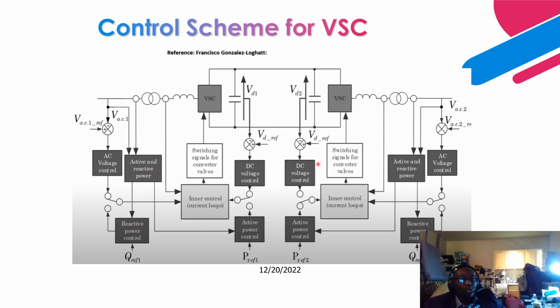We have a current control loop here, which is a PI, proportional integral control loop. It calculates the error between what is dispatched and what is measured, and drives the error to zero.